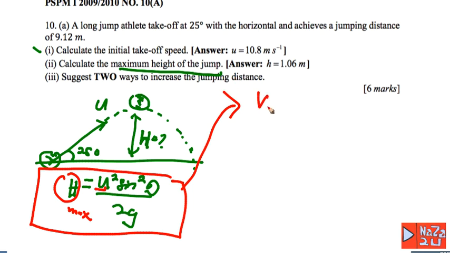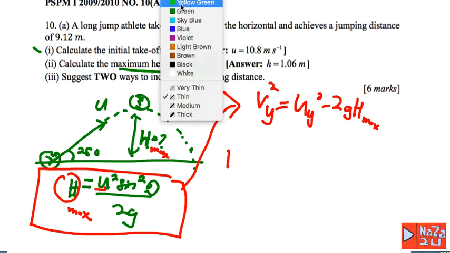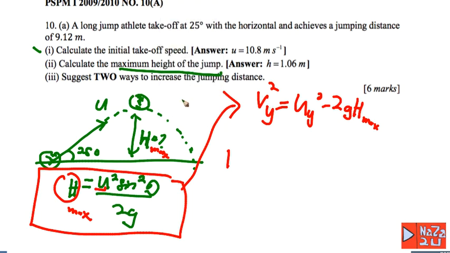equation v squared equals uy squared minus 2g s, or h, which is the vertical displacement. To calculate the maximum h, first, what is the value of vy squared at the maximum?